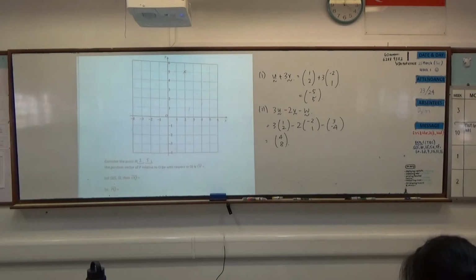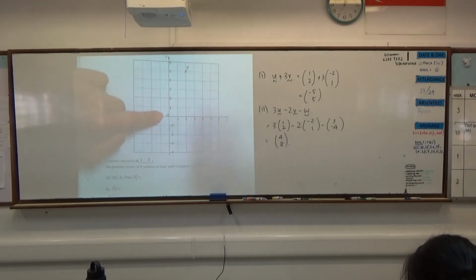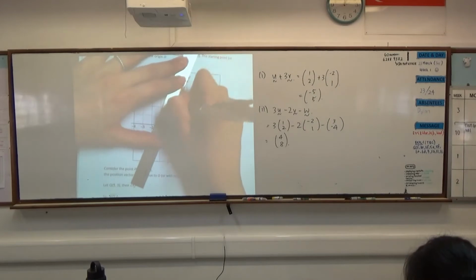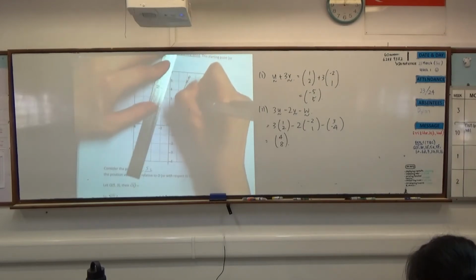When it comes to position vector, it is always defined between the points that we have to the origin. Position vector will always be from the point to the origin. So if I were to draw the line for the position vector, this is what we are referring to.